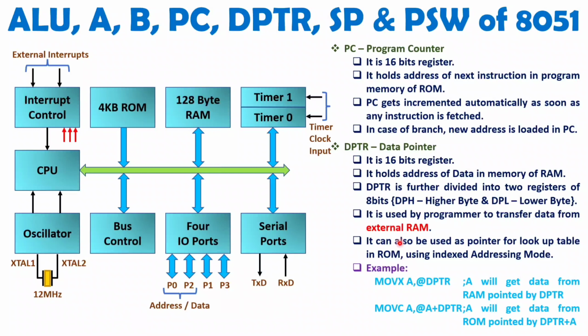Remember this. It can also be used as a pointer for a lookup table. What I have told you is that you use ROM for the program, which has instructions, and you use RAM for data. Why do we store data inside RAM? The reason is that data may be volatile.